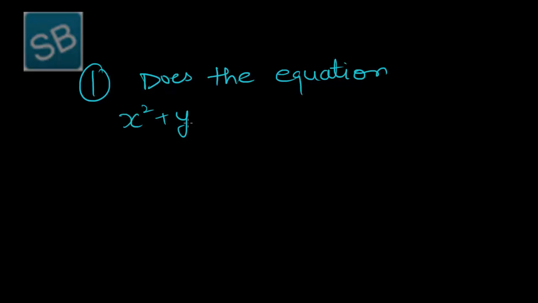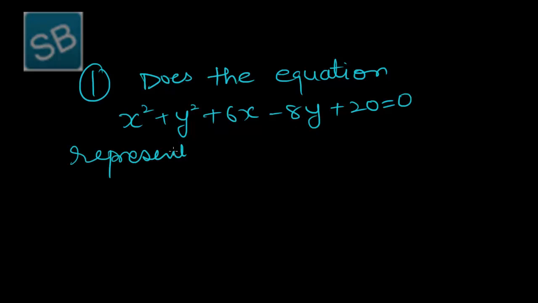So the first one is, does the equation x square plus y square plus 6x minus 8y plus 20 is equal to 0 represent a circle?